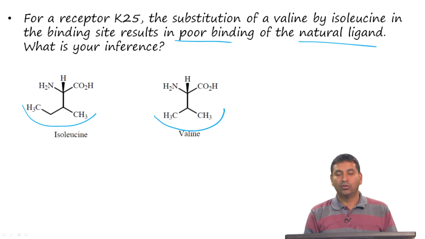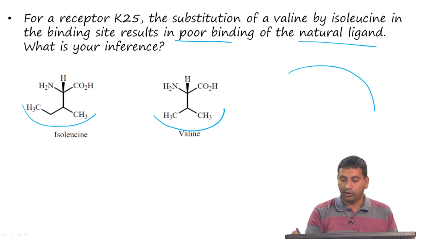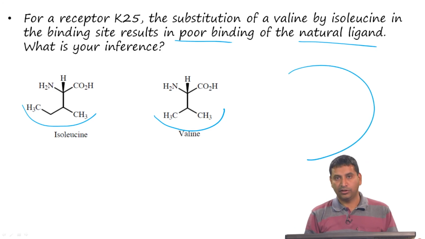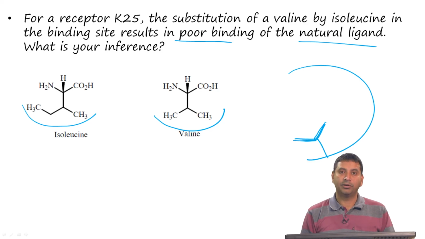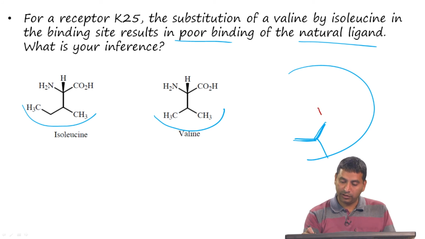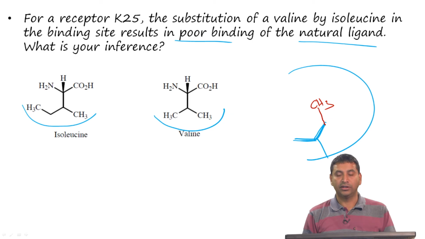Let us imagine that the binding pocket of the receptor is shaped like this, and maybe the valine is sitting over here. From this experiment, it seems that if you change this valine and add a methyl group over here to make it into an isoleucine, then it results in poor binding.